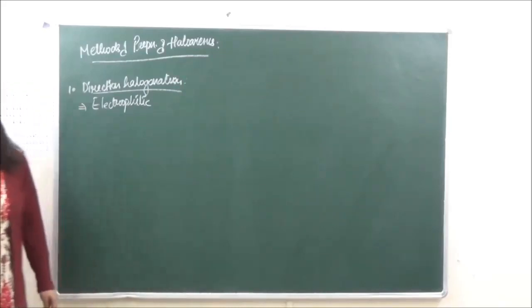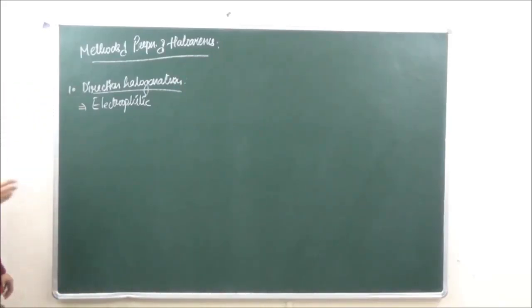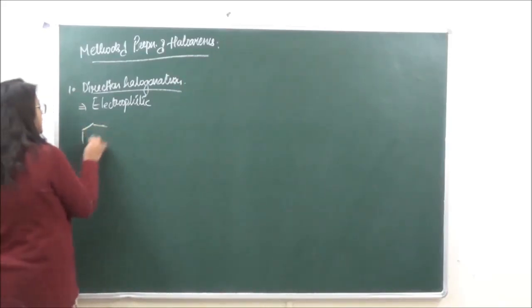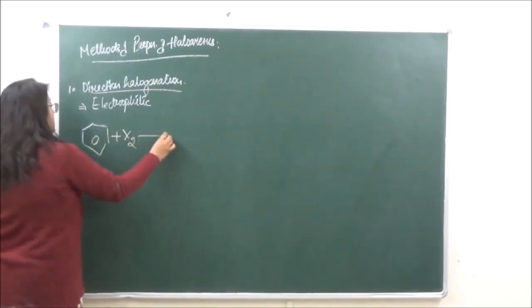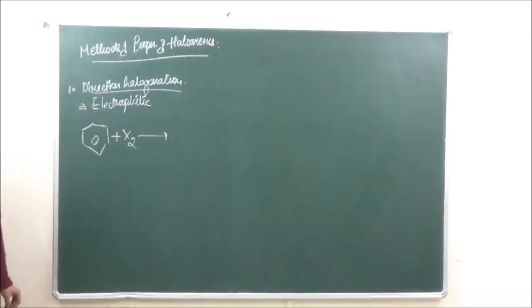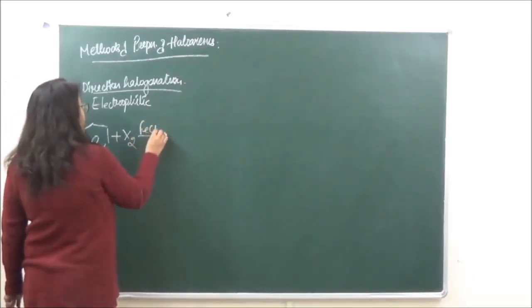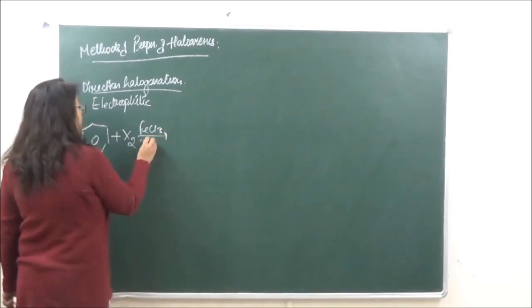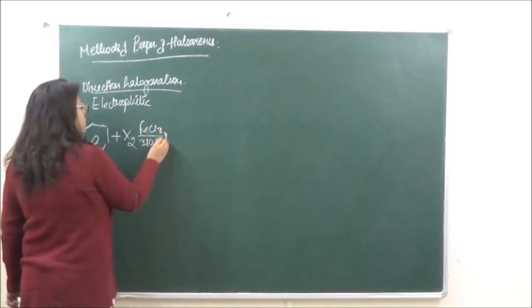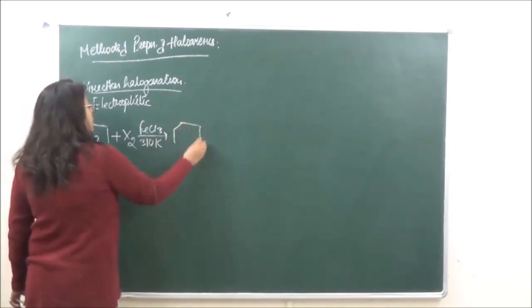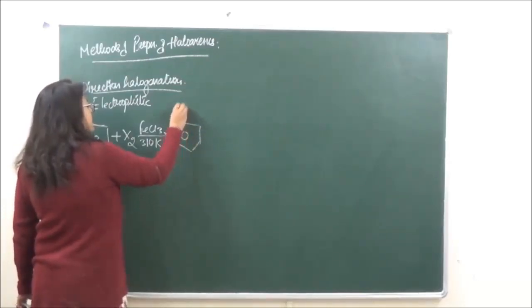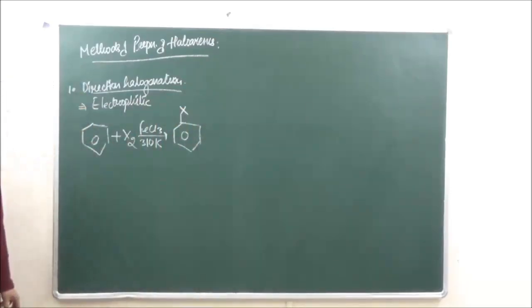Okay? So when we are doing this reaction over here, the reaction is benzene ring plus X2 in presence of a halogen carrier. So we are going to take over here FeCl3 and the reaction takes place at 310 Kelvin to give us this halobenzene.